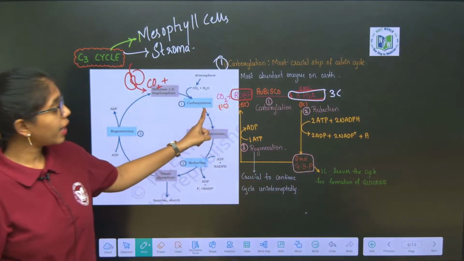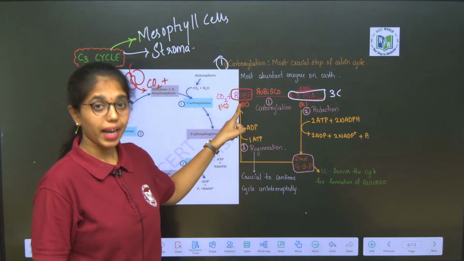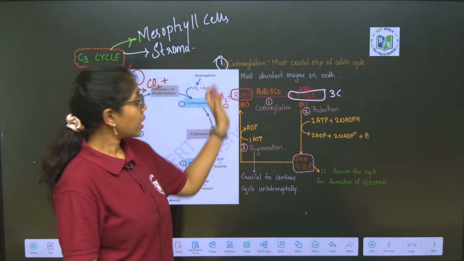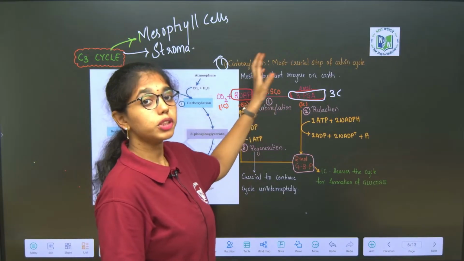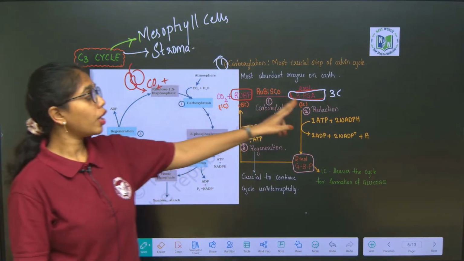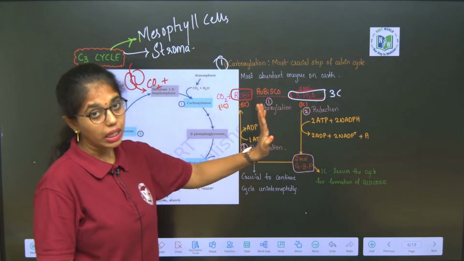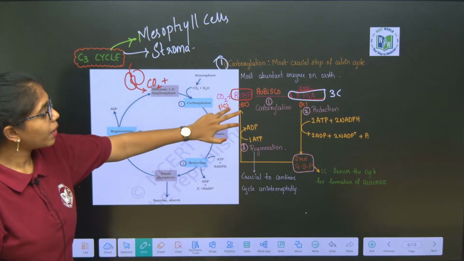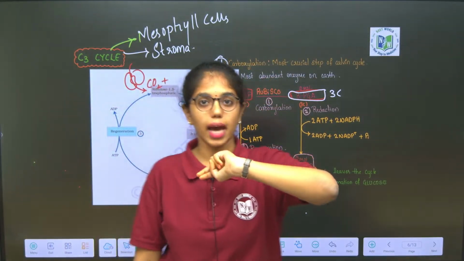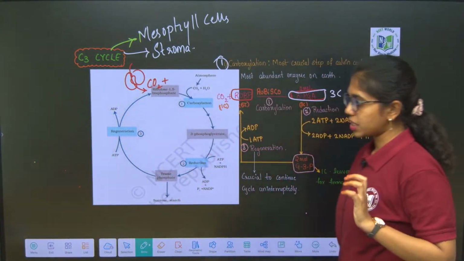So 1 carbon dioxide accepted by RuBP, catalyzed by rubisco, forms 2 molecules of 3-PGA. Clear? So here 1 plus 5 is a total of 6 carbons and the product will be 2 molecules of 3-carbon compound. Remember as such.